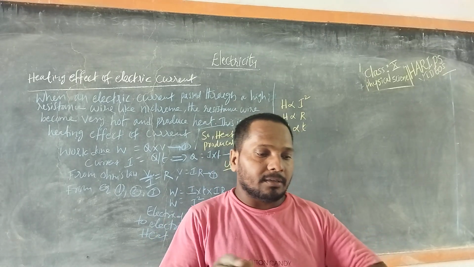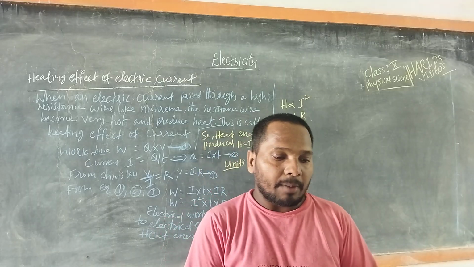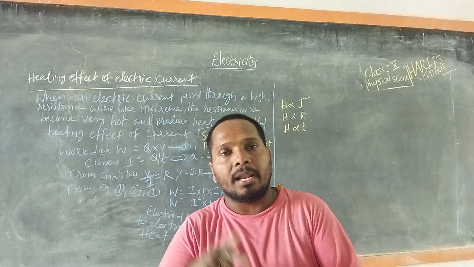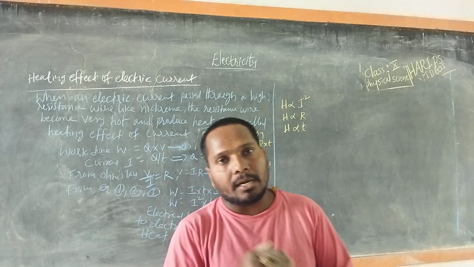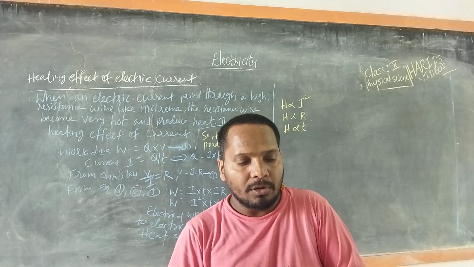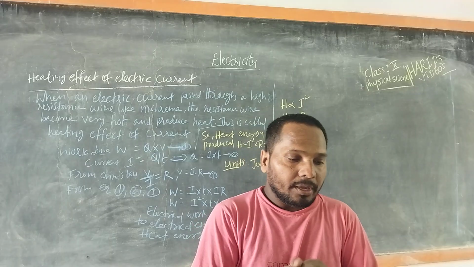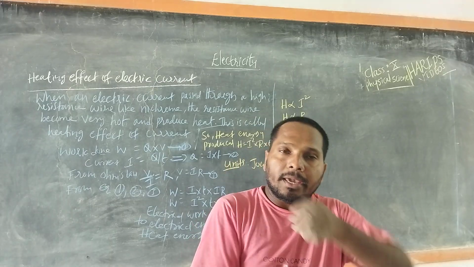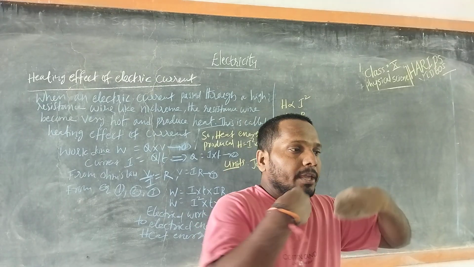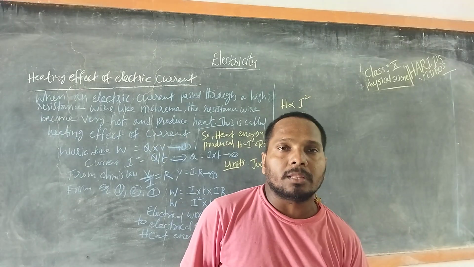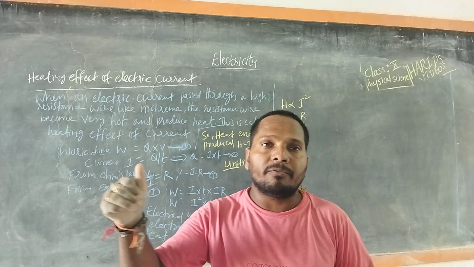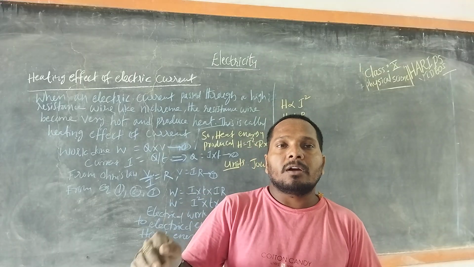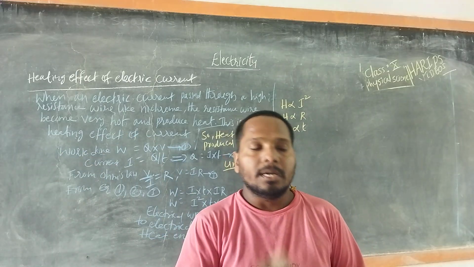The heating effect of electric current is obtained by the transformation of electrical energy into heat energy. The electrical energy is converted into heat energy. So in mechanics, if we roll a ball on the ground, the ball stops because of the force of friction. Here the force of friction opposes the movement.